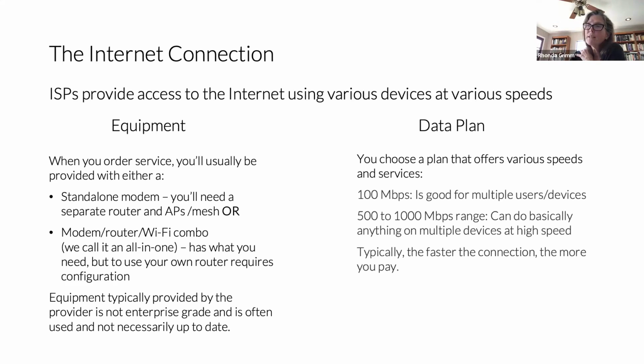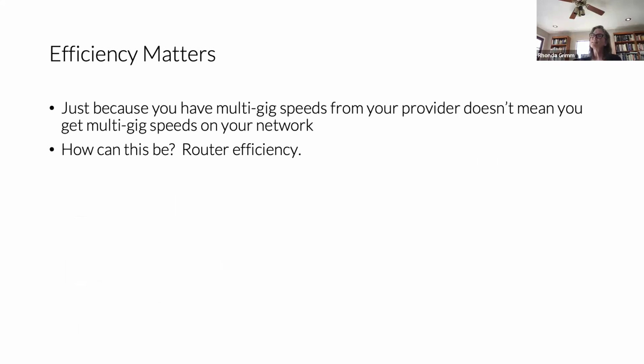Typically, of course, the faster the connection, the more you pay. But it's not just about the speed you're getting from your provider. Efficiency matters, and that comes back to the router again. Just because you're getting multi-gig speeds coming from your provider doesn't mean you get multi-gig speeds on your network.